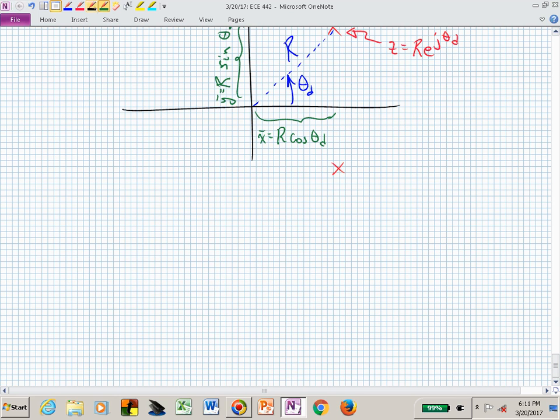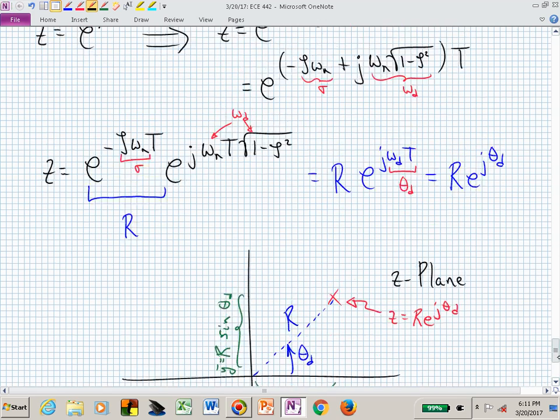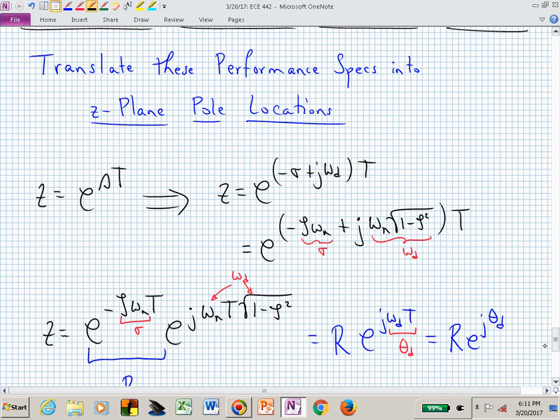So let's start by looking at this. I hope it's clear now when somebody says, where are my complex poles? If you think about what happens in the s-plane, you should be able to immediately translate those into the z-plane locations that they belong in, based on this mapping, z equals e to the st.